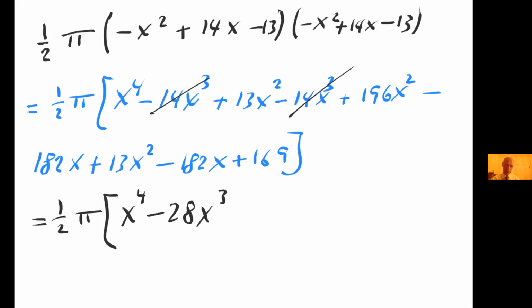Then x squared I have here, and I have it here. 26 and 196, total of 222, plus 222x squared. Then I have x's, I have them in here and in here. So I have total of, let's see.